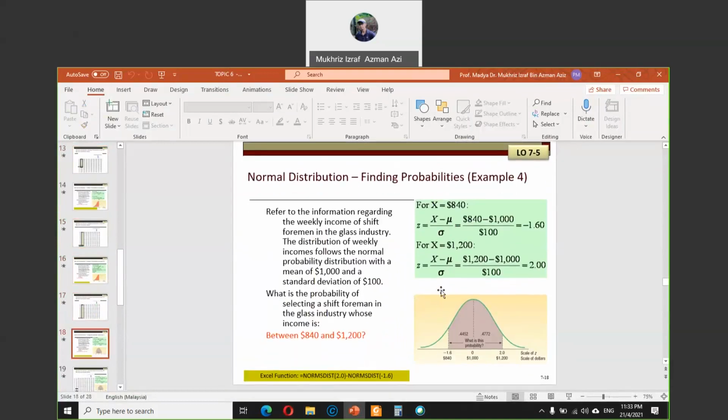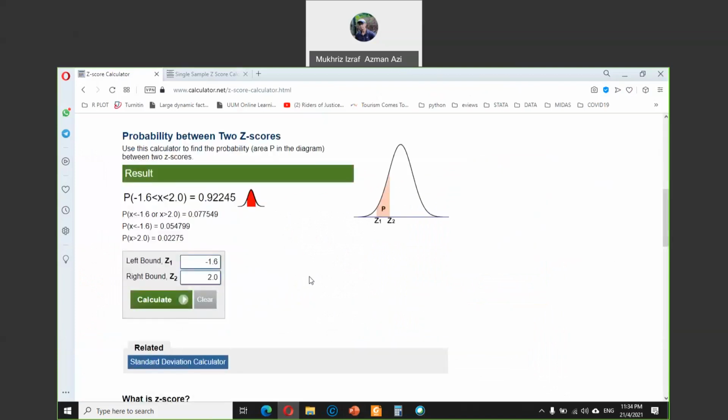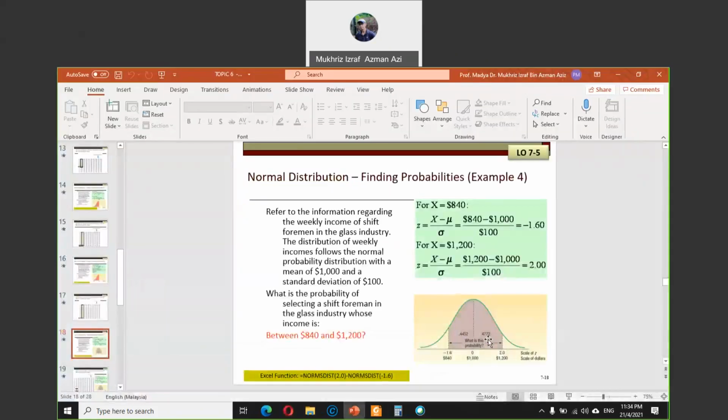For example, the values of Z are negative 1.6 and 2.0. Just put negative 1.6 and 2.0 here, and you will be able to calculate the value between them. The solution would be 0.92245, which is what you will get here.